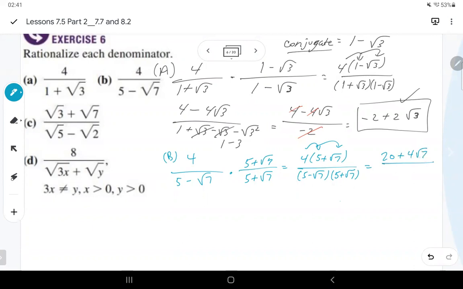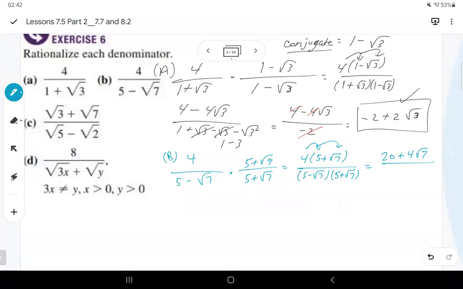That's going to give us 5 squared, which is 25, minus 7, which will give us 9.